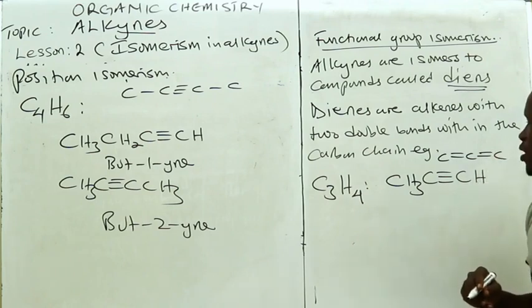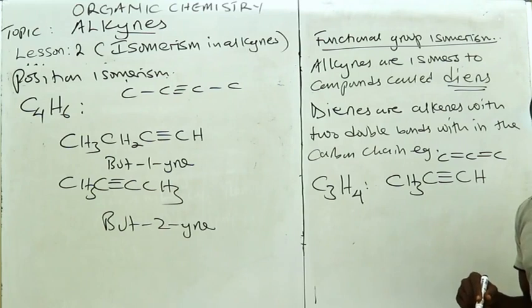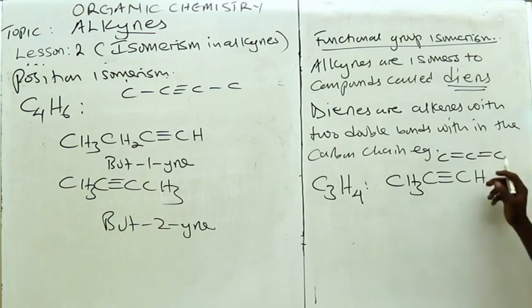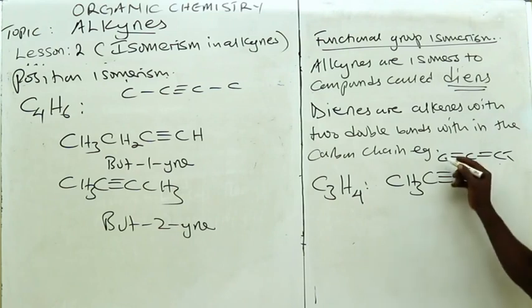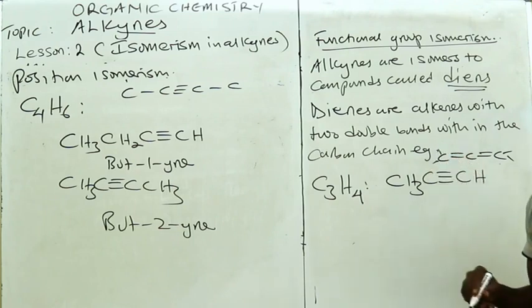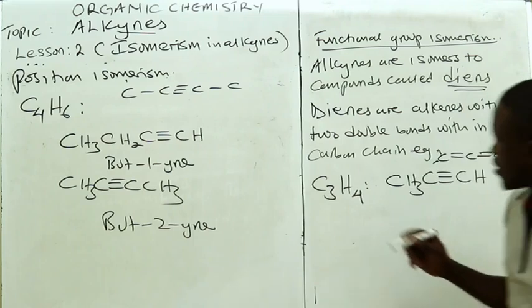And so we write the structure now, putting the hydrogen atoms, ensuring that each carbon atom has 4 bonds. This one has already 2, so we add 2 hydrogen atoms there. This one has already 4, so there are no hydrogen atoms there. And then this one, we put 2 to make 4 hydrogen atoms there. So what is the formula?